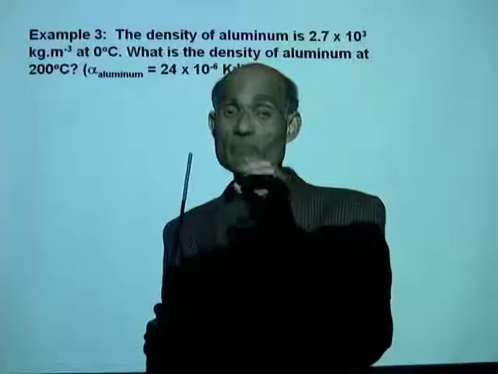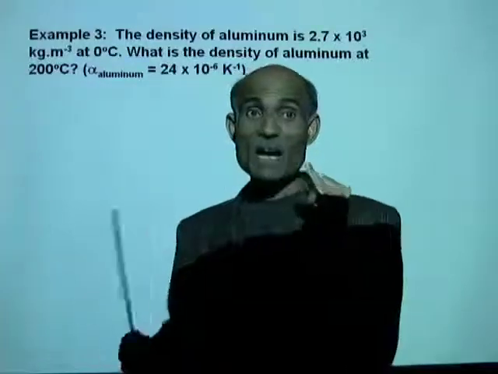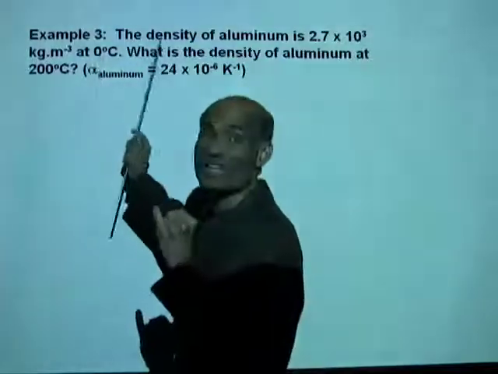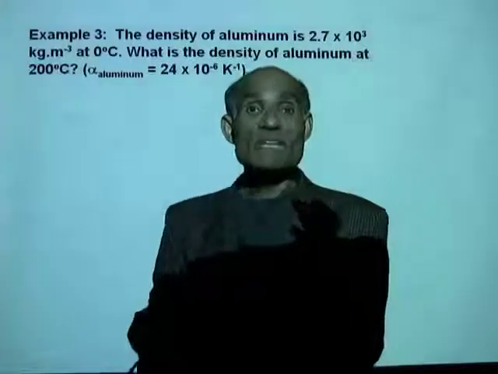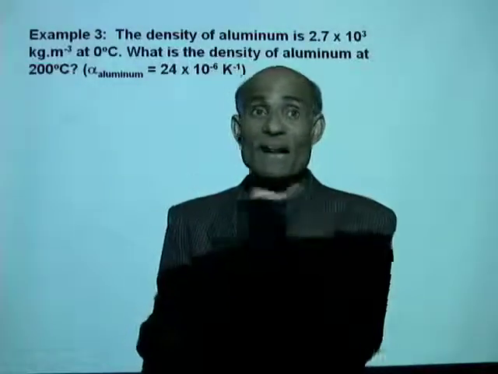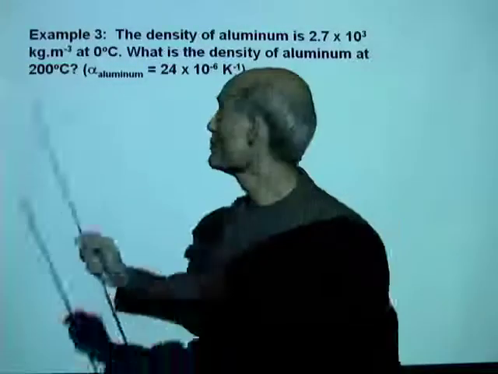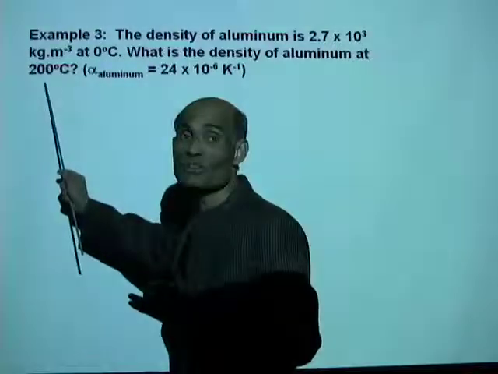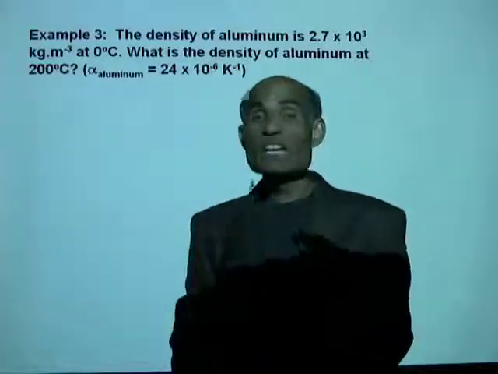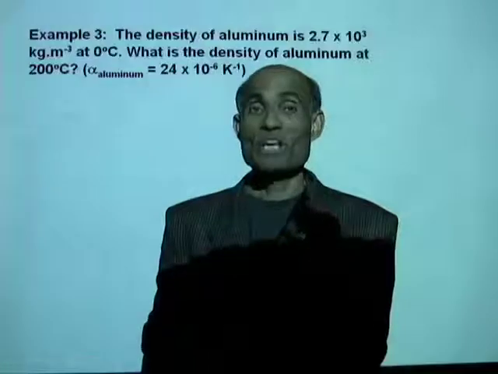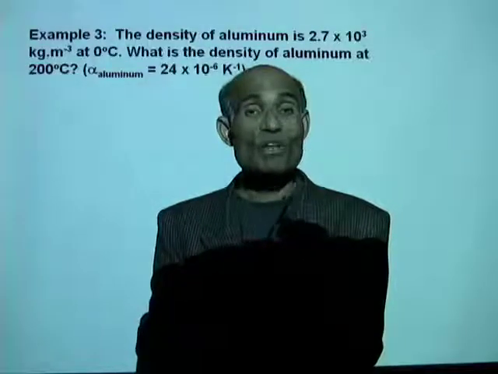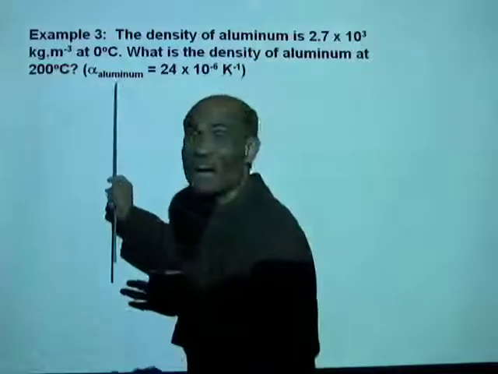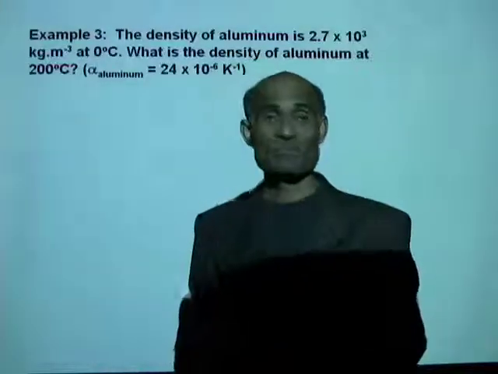So we need density at 0 degrees Celsius, that is given to us. We need delta T, that is given to us, is that right? From 0 to 200 degrees Celsius. We need gamma, the coefficient of volume expansion, but we are given alpha.